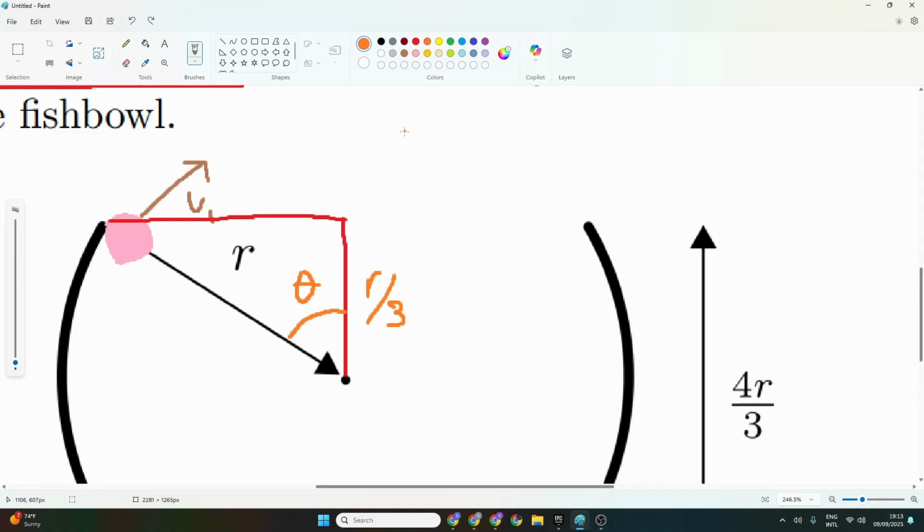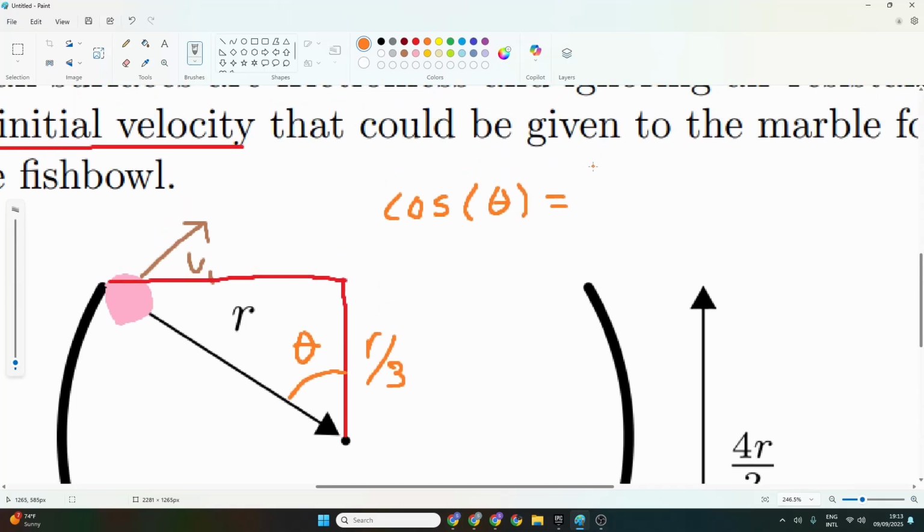So we can say that cosine of theta is equal to (r/3) over r, or simplified, just 1/3.